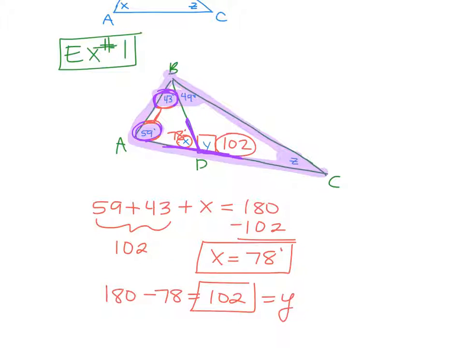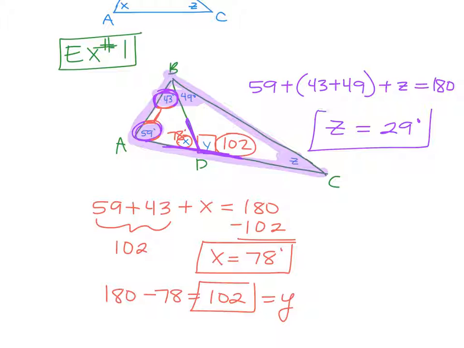So 59 plus 43 plus 49 plus z make up a triangle, so that has to add up to 180. If you subtract 59, 43, and 49 from 180, that comes out to z being 29 degrees.